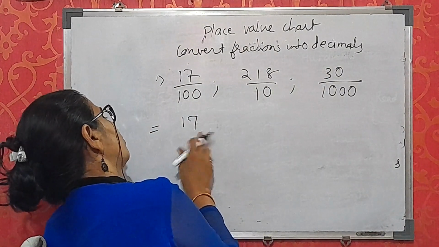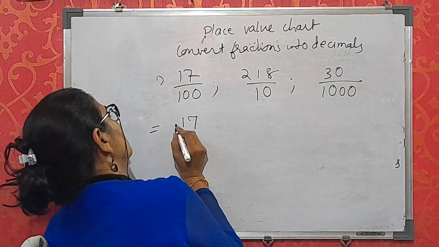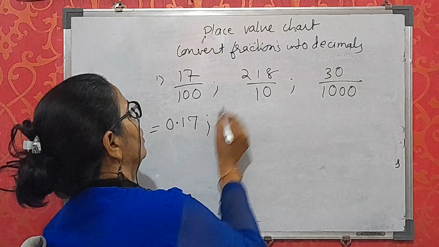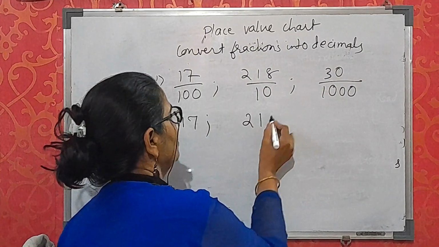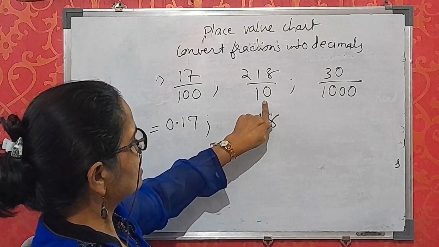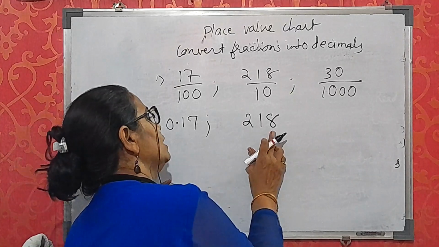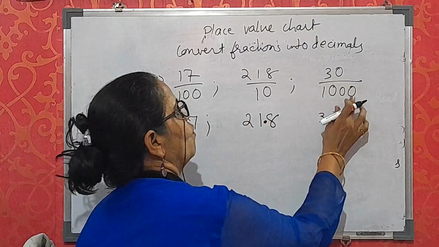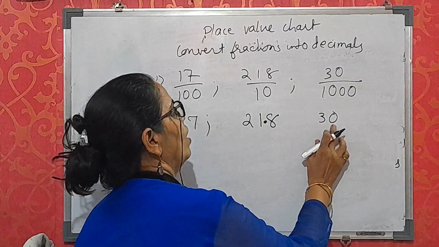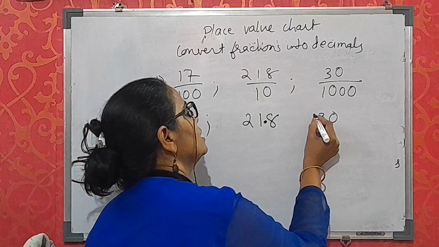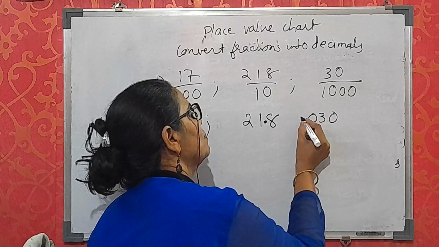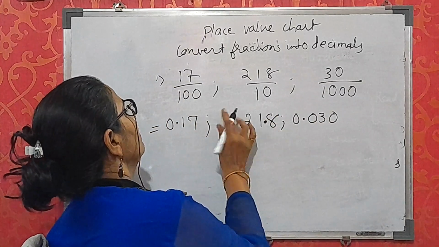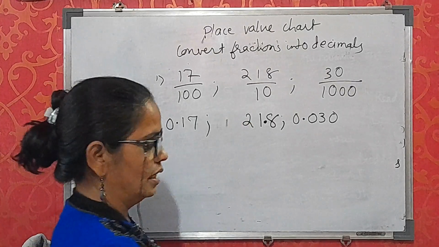So 2 digits from backside, 1, 2. Decimal point. No whole number. Put 0. Then 218, write the numerator as it is. 1 zero from backside, 1 digit. Put decimal point. Simple. 30, 1, 2, 3. 1, 2, no third digit. Put 0. Then decimal point. So this way you are converting fraction into decimal.